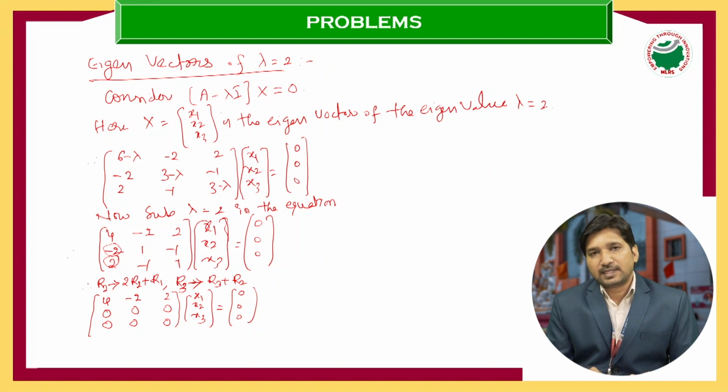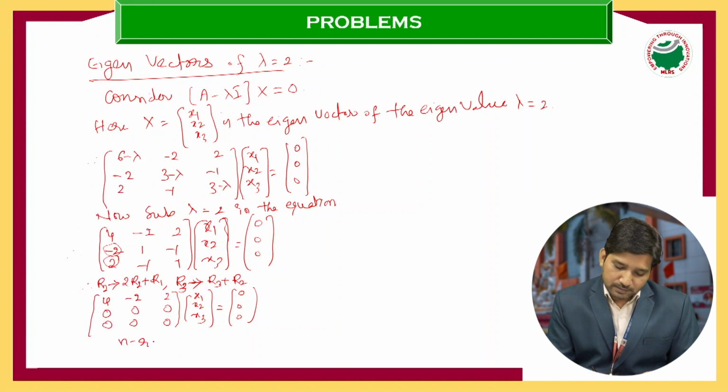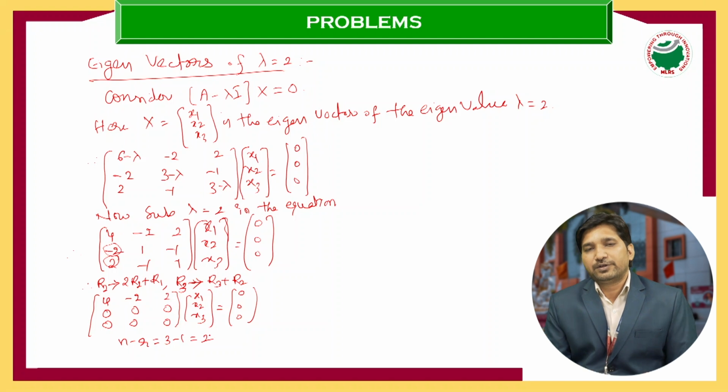The rank of the given matrix is 1, but the variables are 3. So the number of independent variables is n minus r. The number of variables is 3, rank is 1, so 2 independent variables are there.